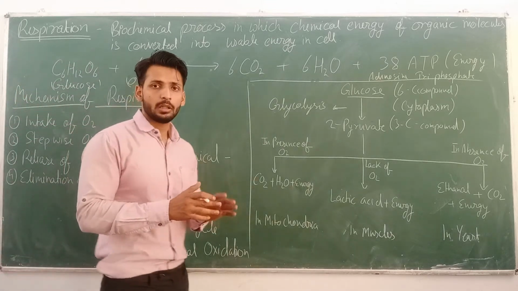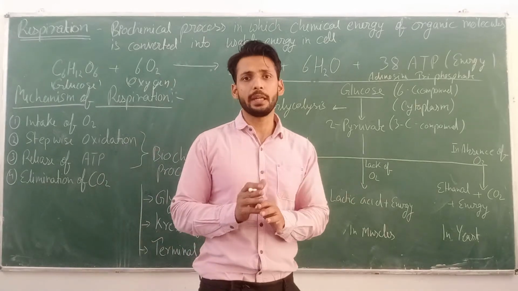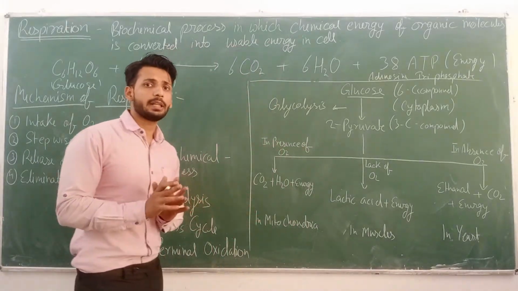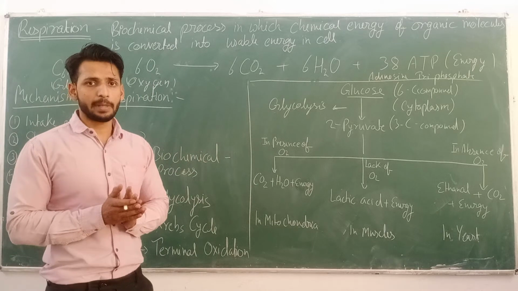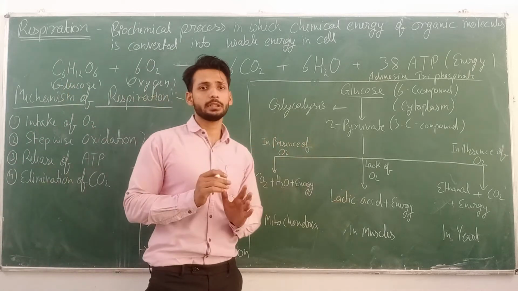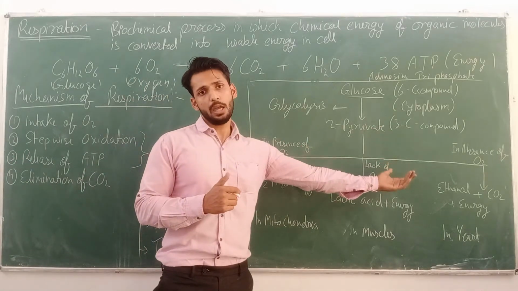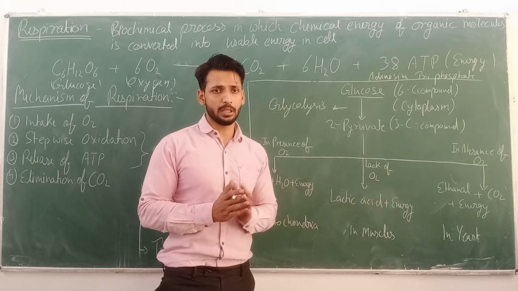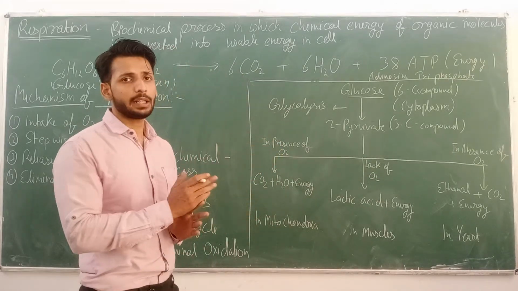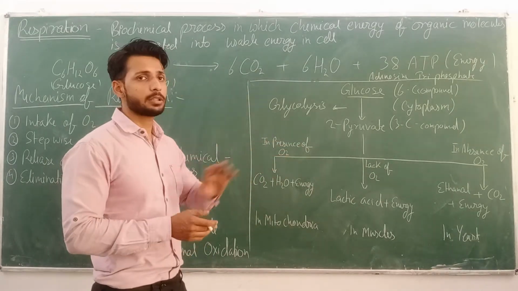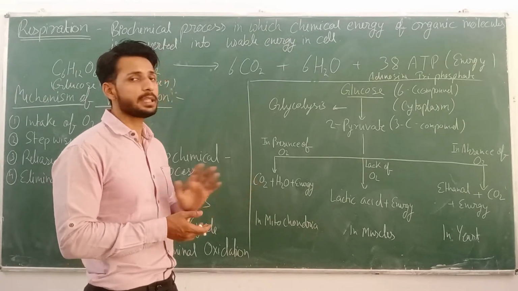Now after this, the process is divided on the condition whether oxygen is present or in the absence of oxygen. So the first condition we are taking is in the presence of oxygen. Now in the presence of oxygen, what happens?